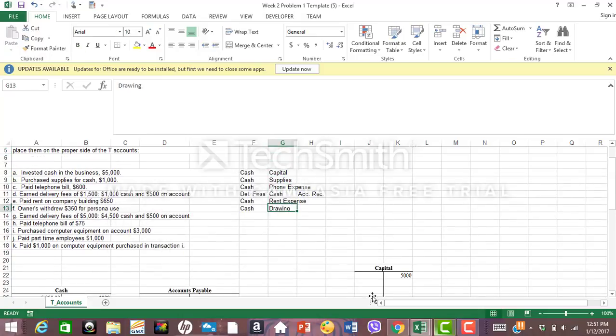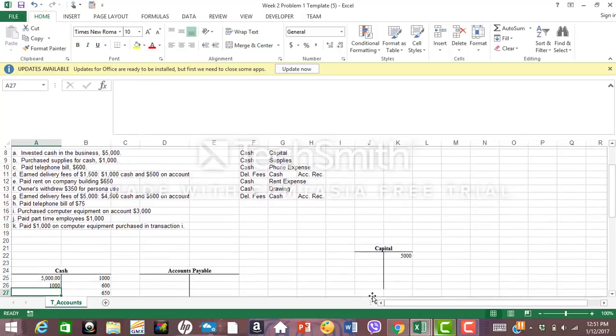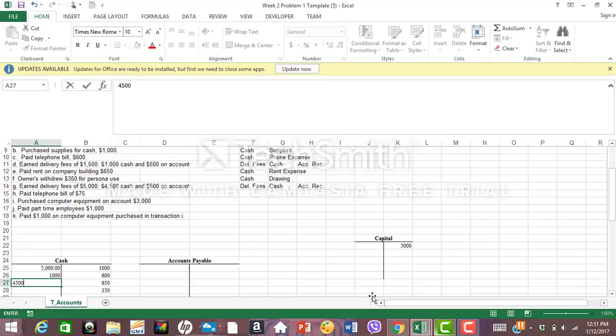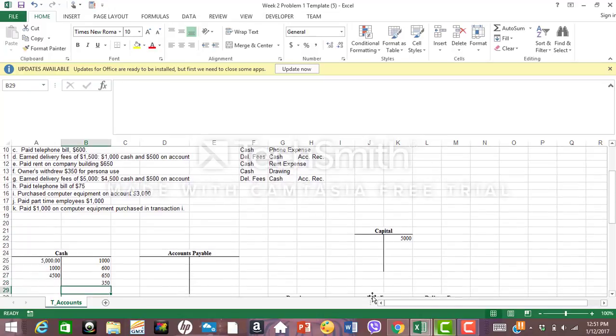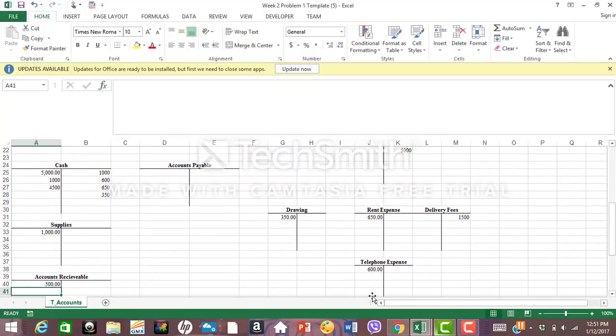Then we have part G, which is earned delivery fees of $5,000. That would be revenue of $5,000, with $4,500 in cash and the rest on account receivables. So we debit $4,500 in cash, account receivables would be $500, and delivery fees would be $5,000.